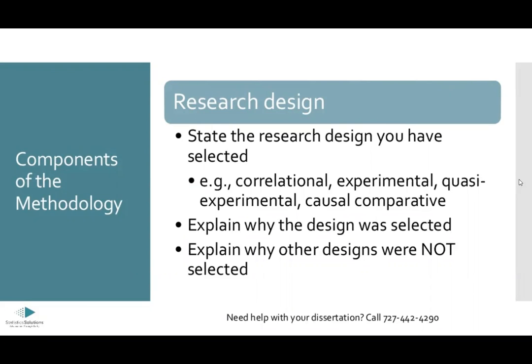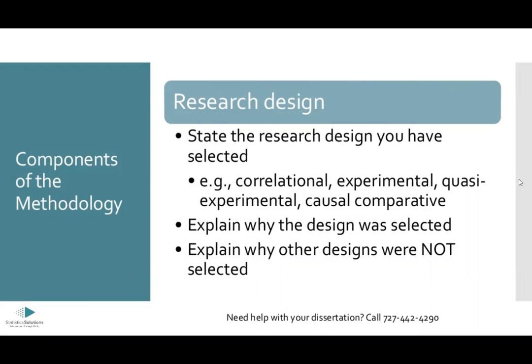For example, the experimental design was considered, but it was ruled out due to XYZ. So you are showing that you don't just know about the design that you're using, but you've really thought about all of the designs that are out there and have really thoughtfully considered what makes the most sense for your study.